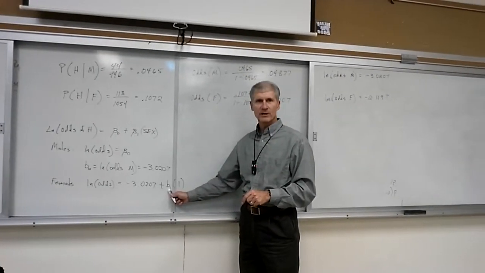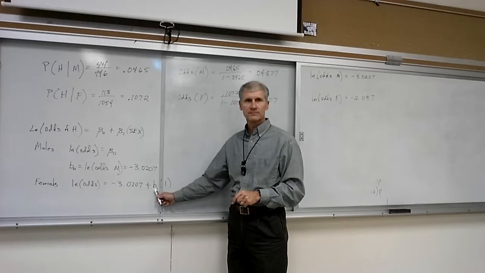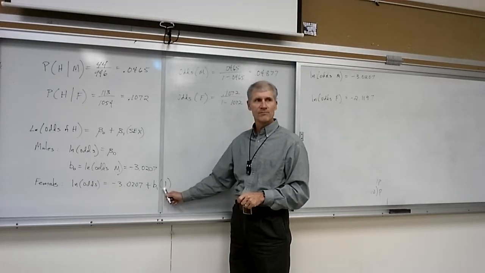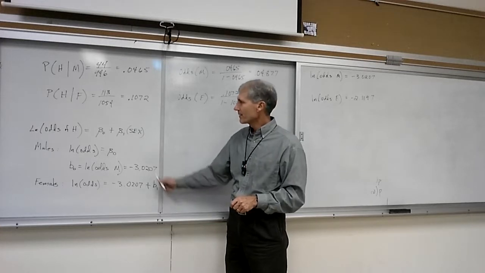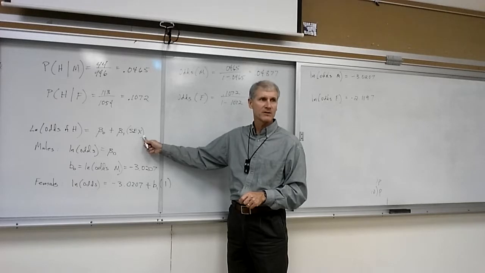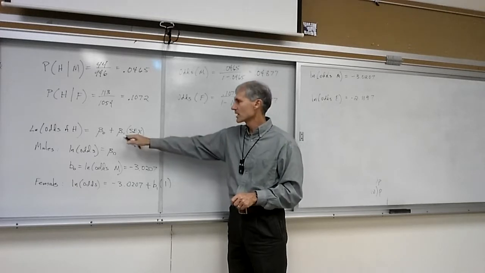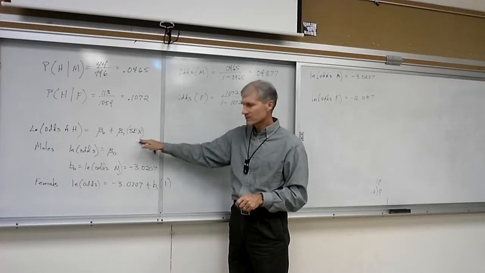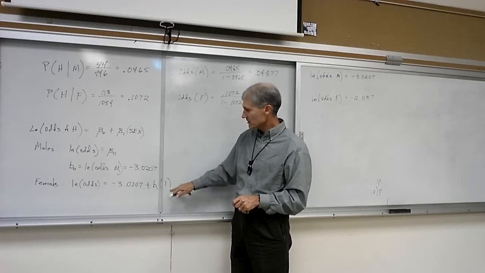I need to know what B1 is. Where'd the 1 come from? I'm plugging in a 1 for the sex variable because females had a value of 1. So I'm just taking B instead of beta because it's an estimate, times 1.